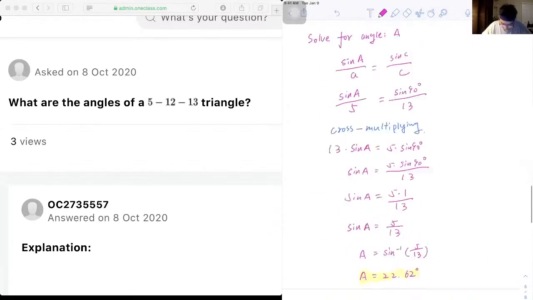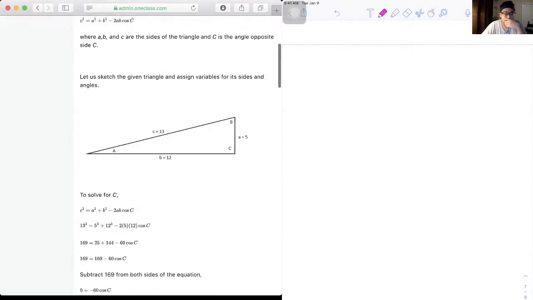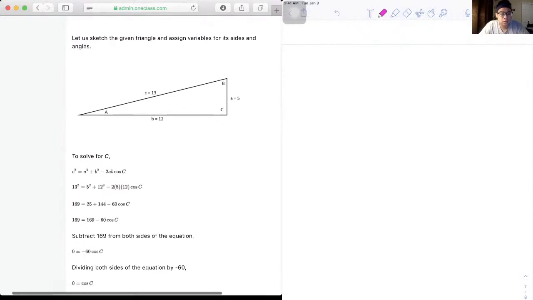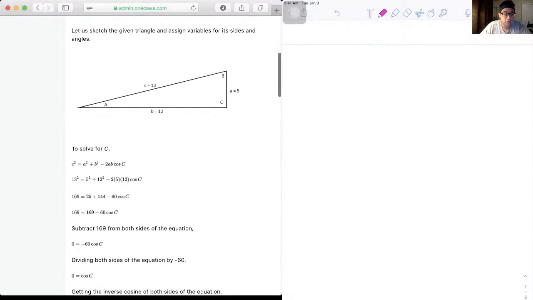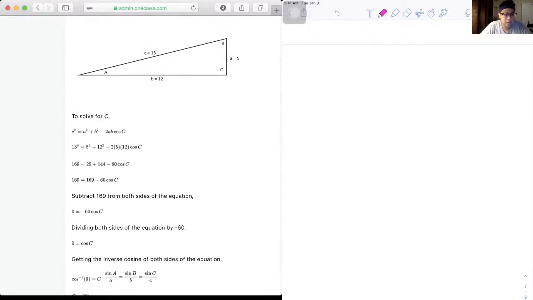Okay, so now let's leave a comment there. The tutor's answer is almost 100% correct, except for this part, because 2 times 5 times 12 should be 120 instead of 60.